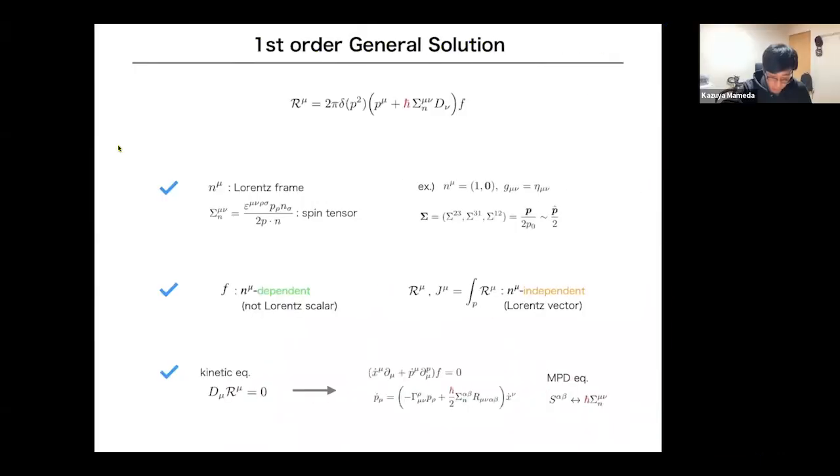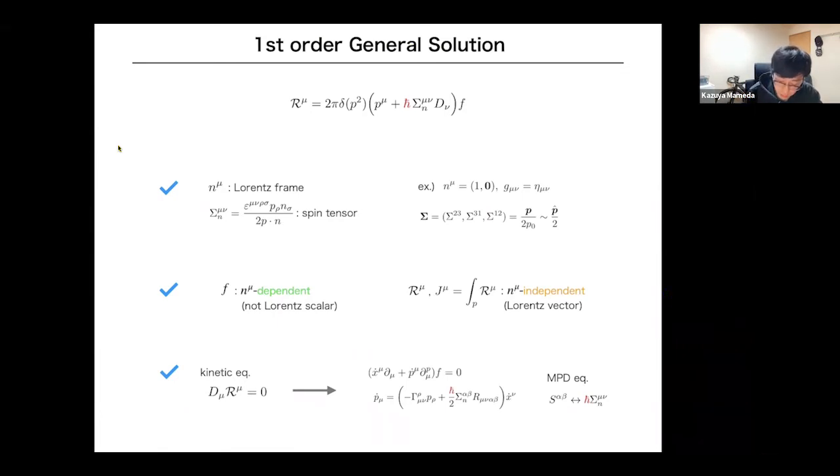Okay, then I want to proceed with my talk from the first order general solution. To get this solution, we need the expansion, as I said before, and we can solve the equation of motion for the Wigner function.